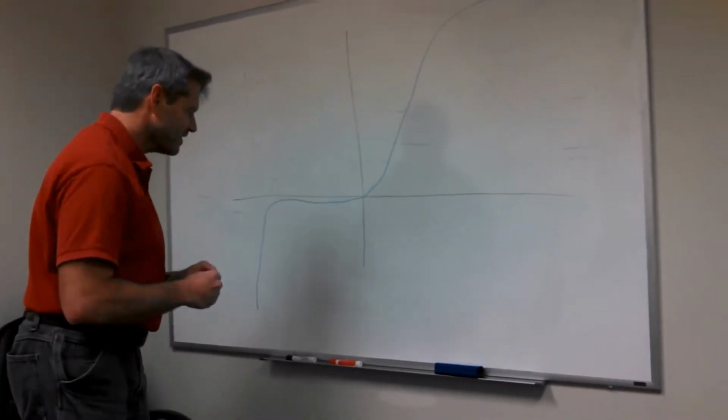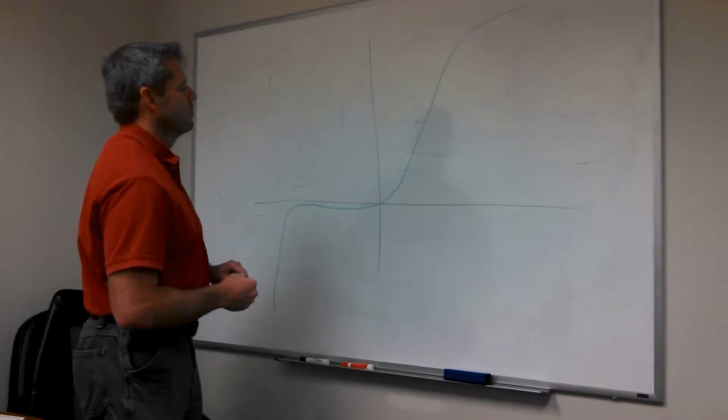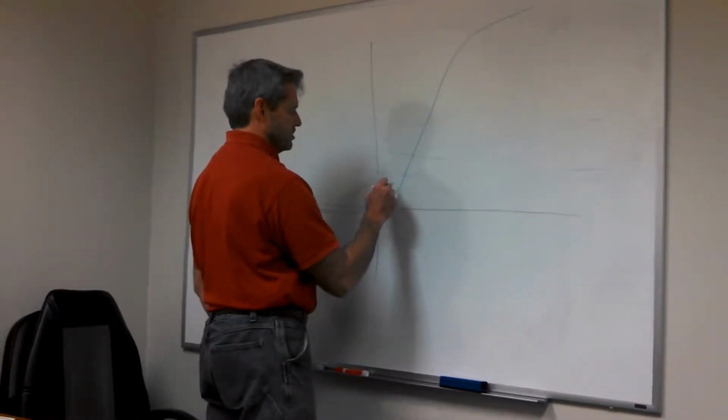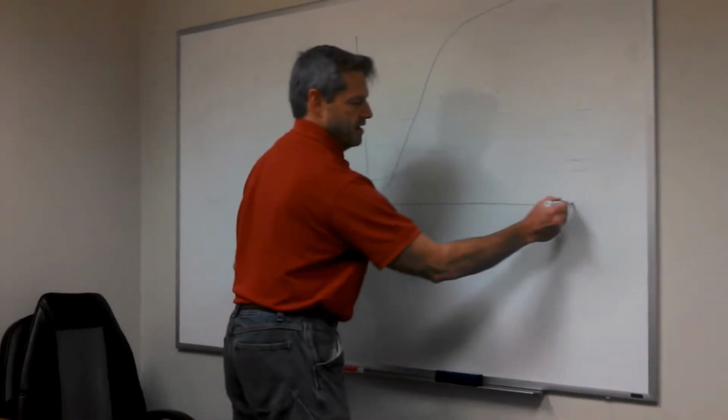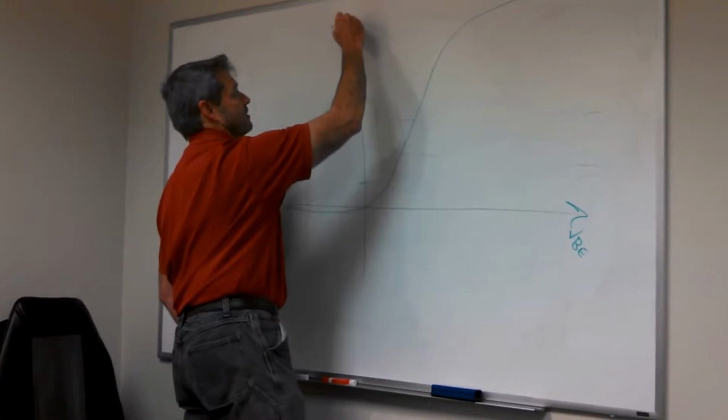Okay. The region we're working in, first of all, is not there. So this is VBE, and this is collector current.